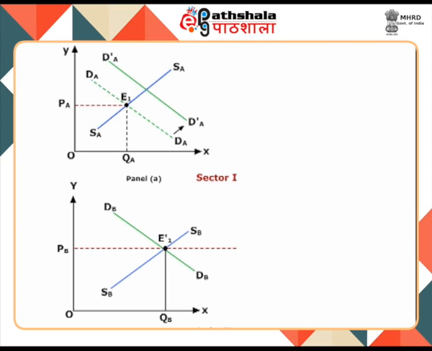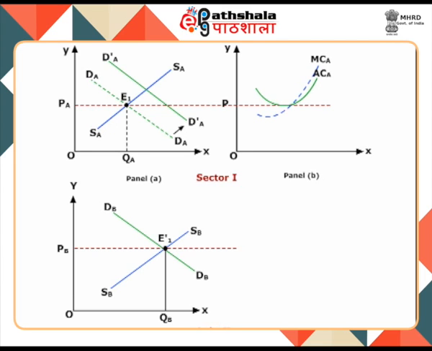The equilibrium of each firm in industry A is illustrated in figure B. At equilibrium, the firm produces QA at which AC is equal to MC equals price equals MR. Panel B refers to the equilibrium of a firm in the industry A.